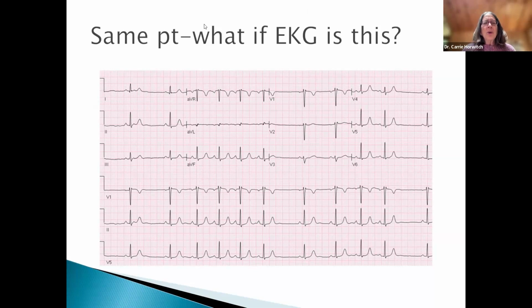Yes, it is a sinus rhythm, but you notice the P waves are not exactly marching up. The P waves are followed by a QRS, and the QRS is preceded by a P wave, but it isn't regular. So this is sinus arrhythmia.